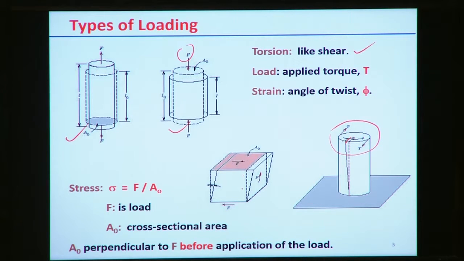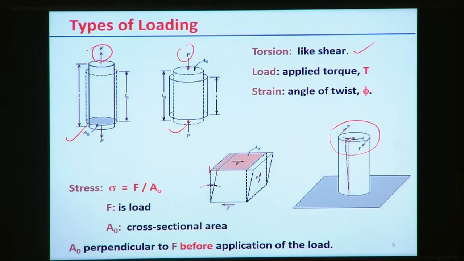This angular form produces the shear strain, and the shear stress we can define as the load divided by the cross-sectional area. This cross-sectional area, which is parallel to the applied load, is what gives the shear stress. And what was the initial case?